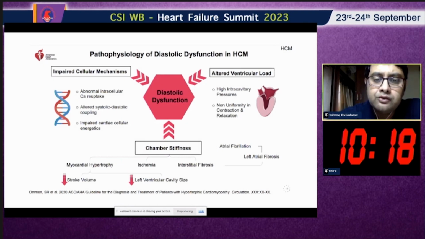There is also chamber stiffness, which gives rise to myocardial hypertrophy, ischemia, and interstitial fibrosis, giving rise to decreased stroke volume and left ventricular cavity size. Ultimately, there is also left atrial dilatation and fibrosis, giving rise to atrial fibrillation, which only exacerbates the symptoms.